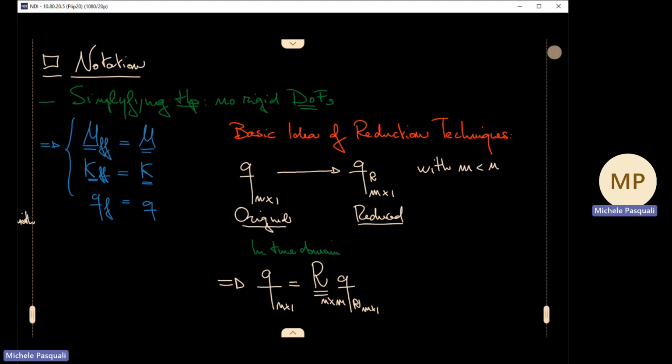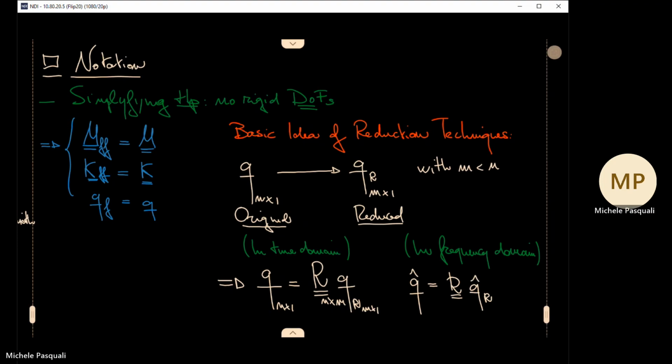But we see that it's much more convenient to work in the frequency domain. The frequency domain basically stays the same. The only difference is that we write the following. Like so. And times 1.